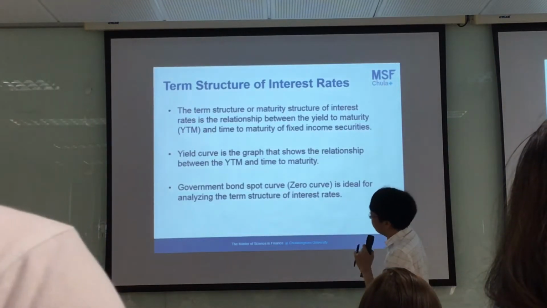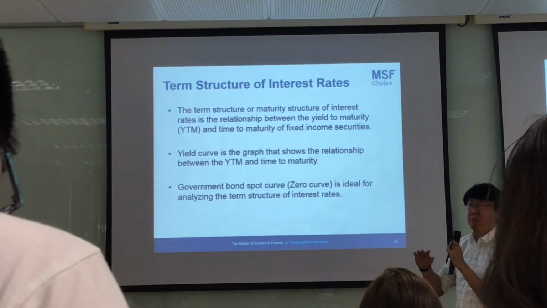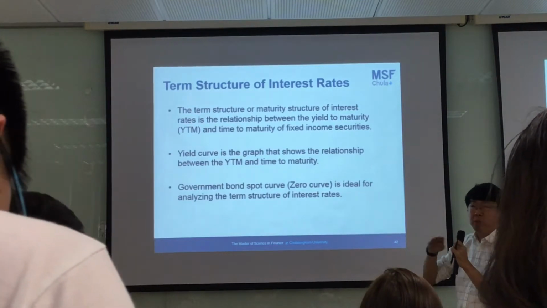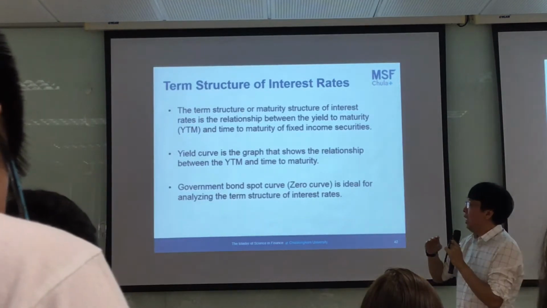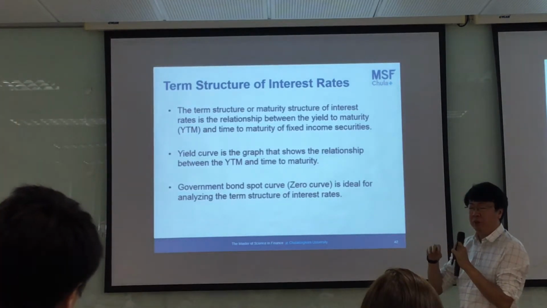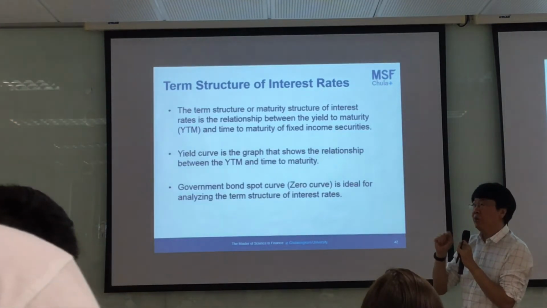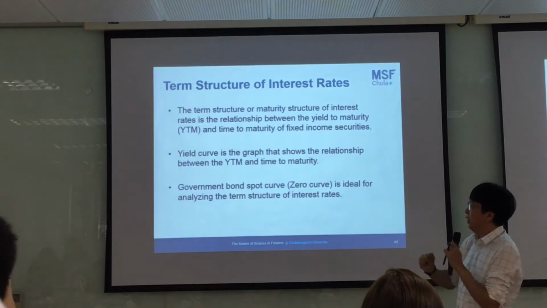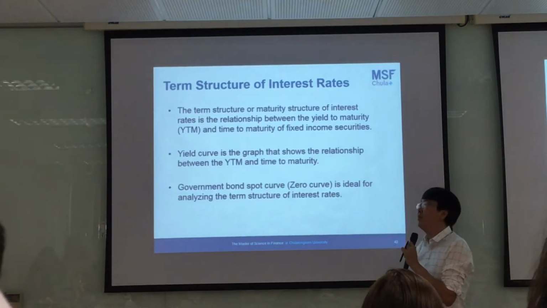In order to obtain the yield curve, we normally will start from the most liquid fixed income security, the treasury one. And ideally, to construct the yield curve of treasury bonds, we may use the zero coupon government bond or zero treasury bond.